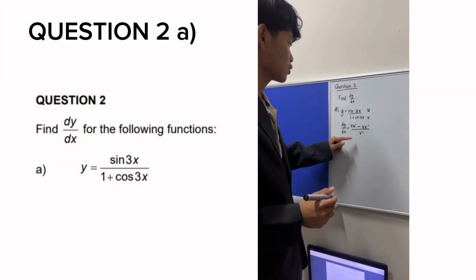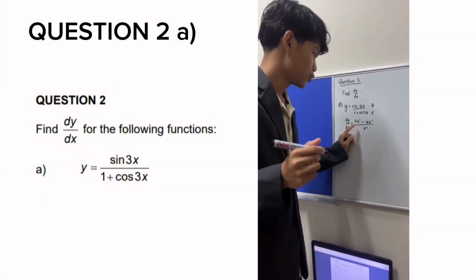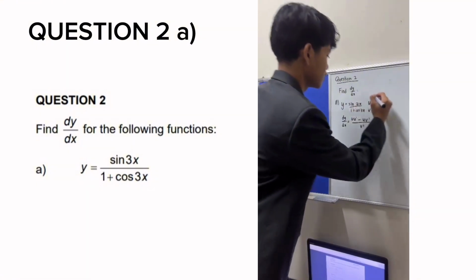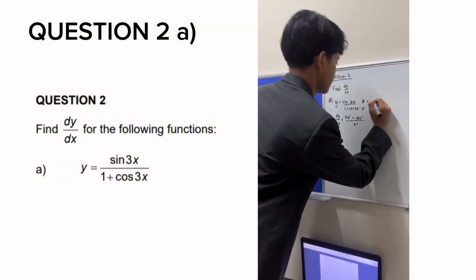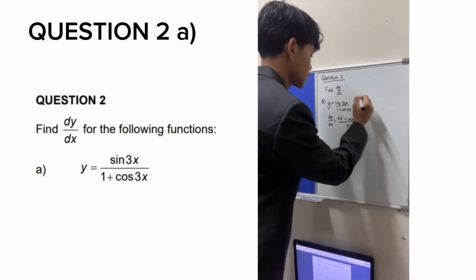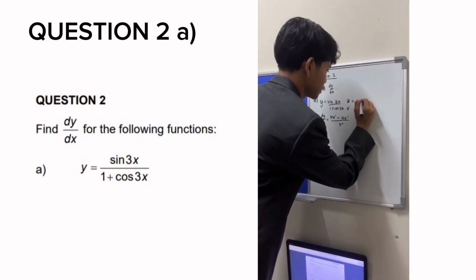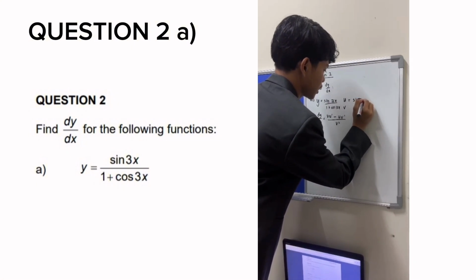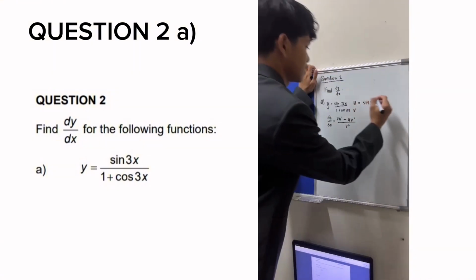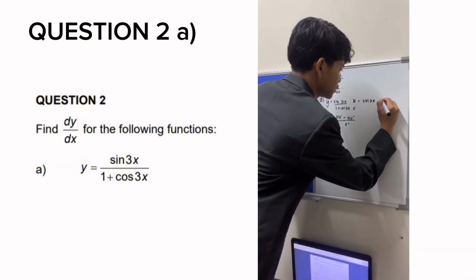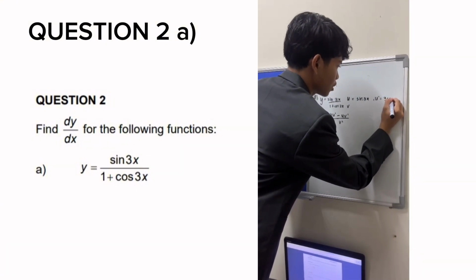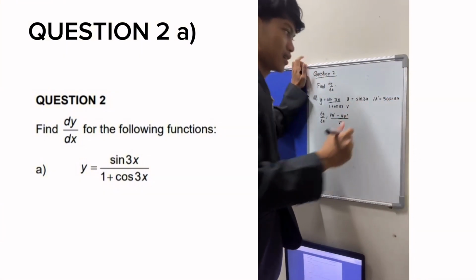This is the formula. So we need to find u prime and v prime. The u is the above and v is the below. So u is the numerator, which is sine 3x, and u prime is 3 cos 3x.